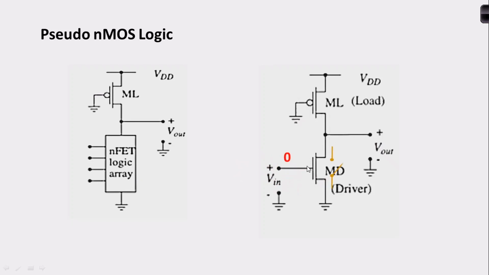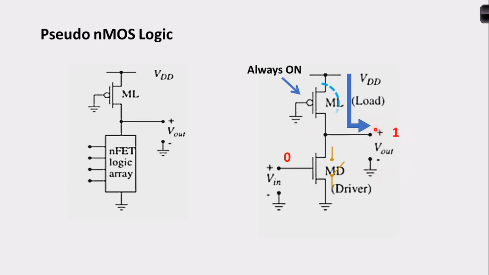If I apply 0 over here, this transistor is off, in the sense that it is an open switch, and since my PMOS is connected to ground, it is always on. So there is no path to ground through the NMOS, and I get a path connected to VDD, so the output capacitor will be charged to VDD.